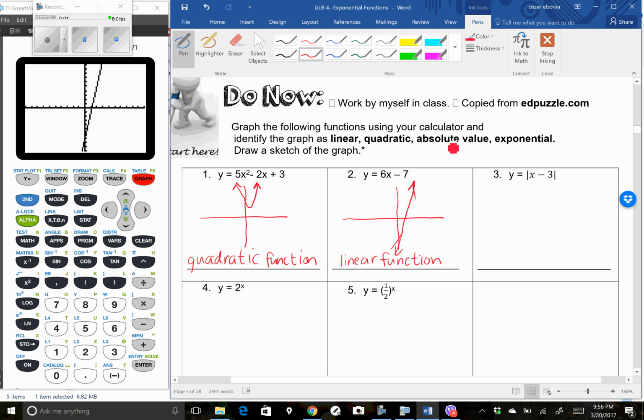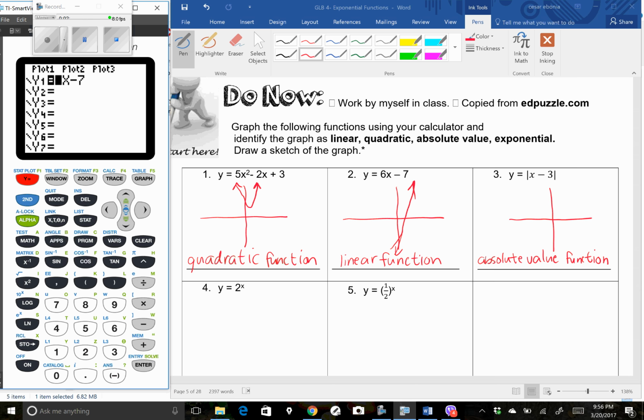For number 3, since we have an absolute value here, I would just say that this one is an absolute value function. And let's sketch the graph. So enter again in the calculator. For absolute value, you press math, then go to num, then press enter, and you see the absolute value symbol.